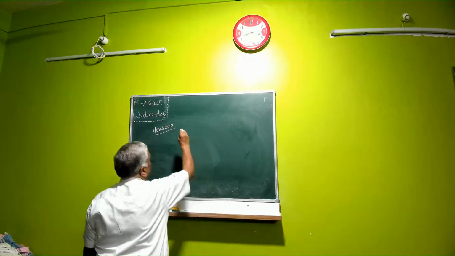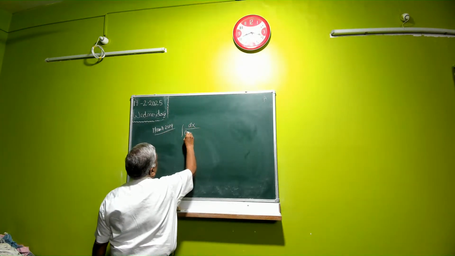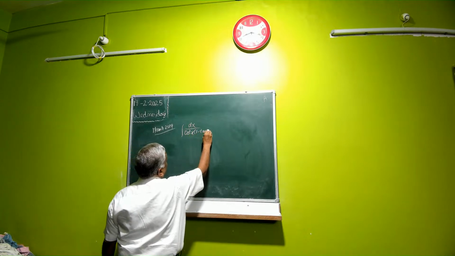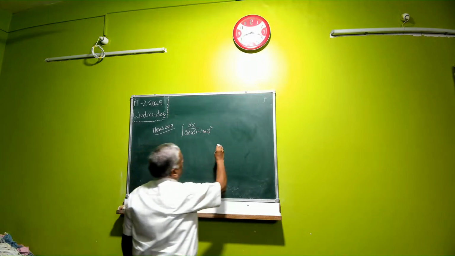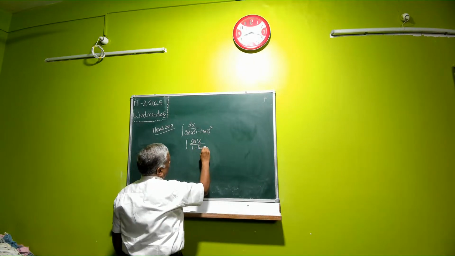Integrate dx over cos square x into 1 minus tan x whole square. Another tricky problem. You have to write this as secant square x over 1 minus tan x whole square.